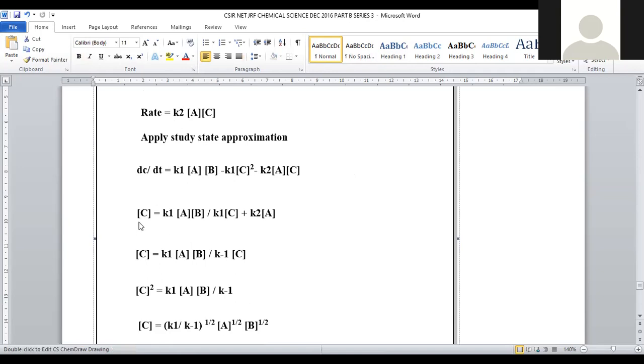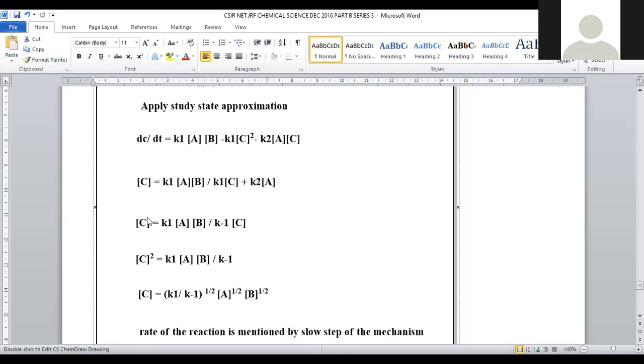Now, concentration C is equal to K1 A into B by K inverse C plus K2 A, because the C square and the C get cancelled, so that here K inverse C is there plus K2 A will be there. After that, we get C is equal to K1 A into B by K inverse C.